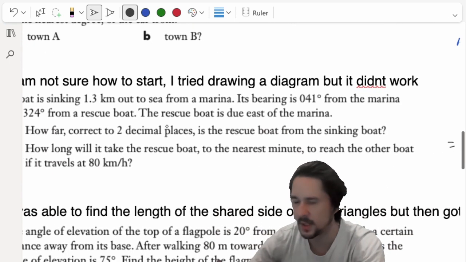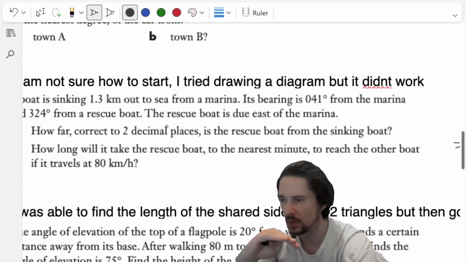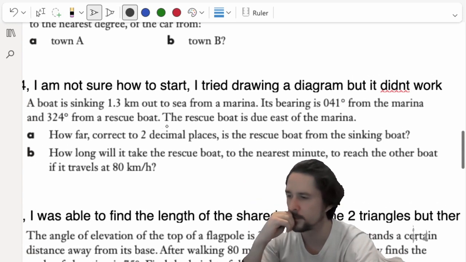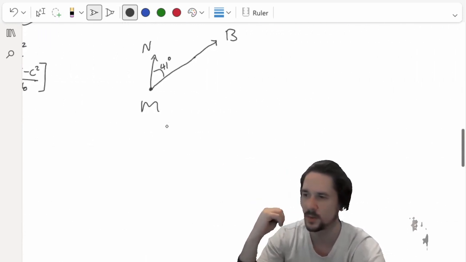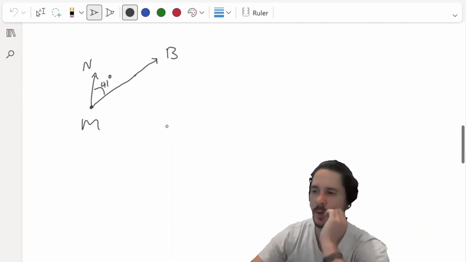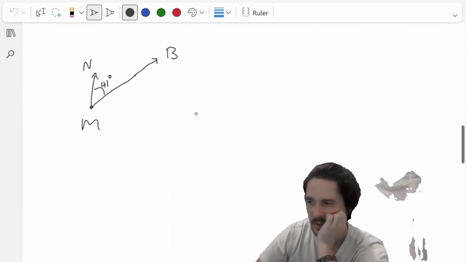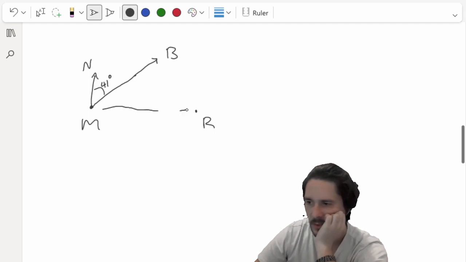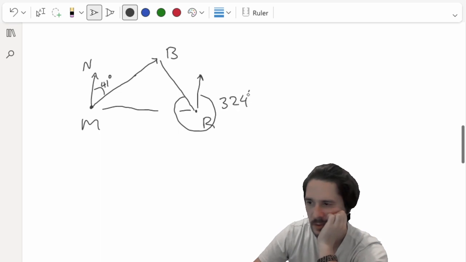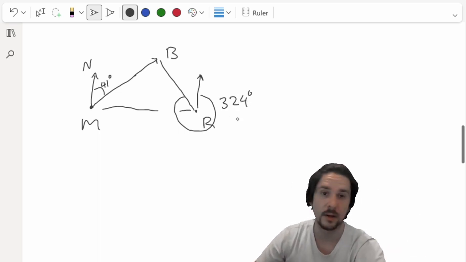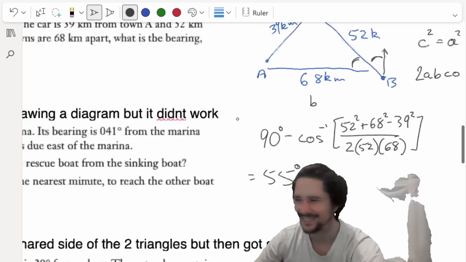The rescue boat is east of the marina, and the boat is 324 degrees from the rescue boat. So if the rescue boat is something like here, that's due east. And if that's north, then this angle here is 324 degrees. Okay, so this is what your diagram should look like, I think.